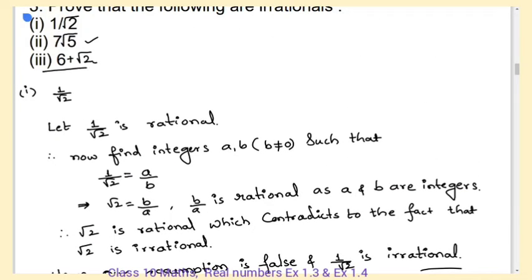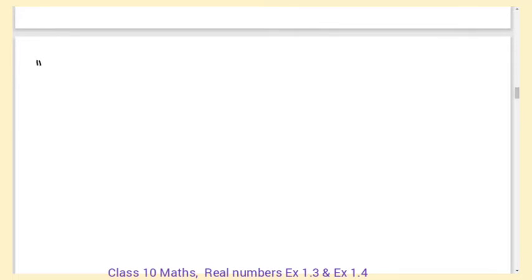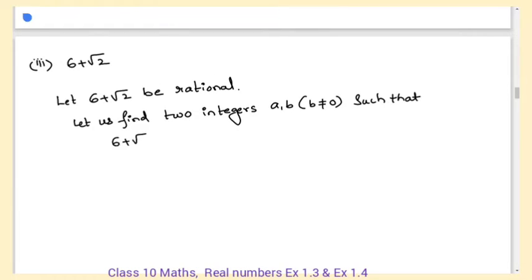Now, third one, 6 plus root 2. Now, let us consider that. Let 6 plus root 2 be rational. Let us find two integers a, b, b is not equal to 0, such that 6 plus root 2 is equal to a by b.